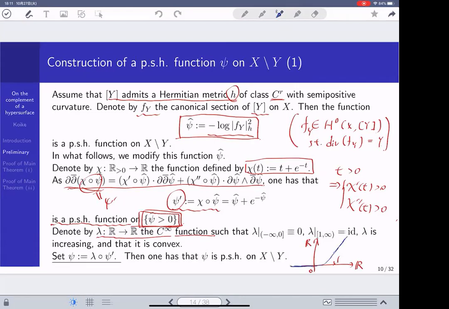It is equal to 0 around here, and it is equal to the identity function in this area. And lambda is increasing and convex. And set psi as the composition lambda circle psi prime. Then one has that psi is pre-subharmonic on X set minus Y.